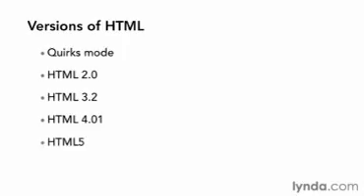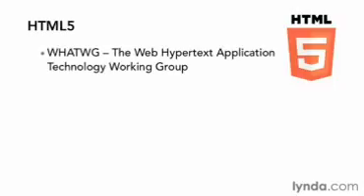14 years after the ratification of HTML4, HTML5 is still a work in progress. Well, it's not really that simple. When the W3C voted to stop working on new versions of HTML in 2004, the Mozilla Foundation and Opera Software formed a new group called WHATWG, or the Web Hypertext Application Technology Working Group, to work on a new standard version of HTML.